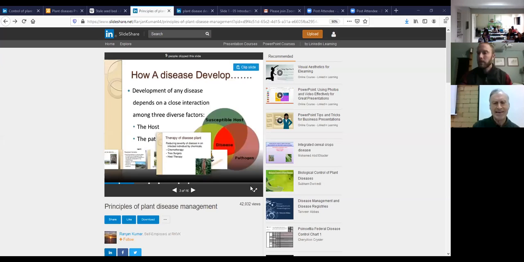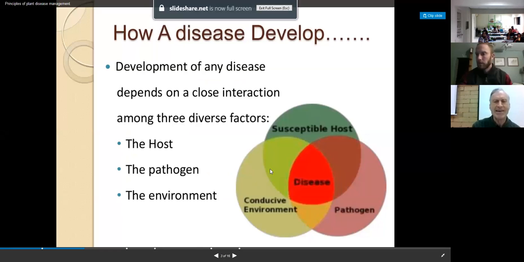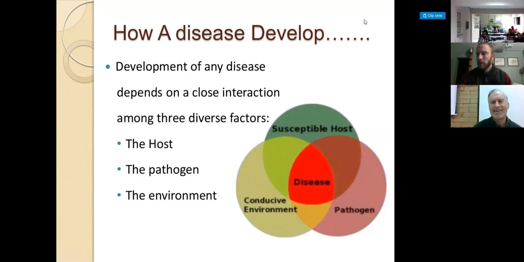So now we're going to focus more on how to prevent diseases. Before that, I have a question about the first part, because you said there are two types of disease.